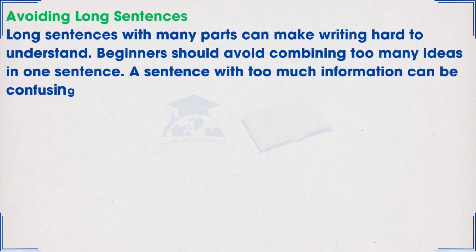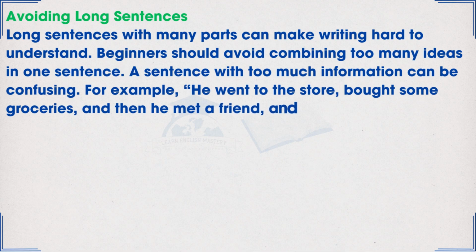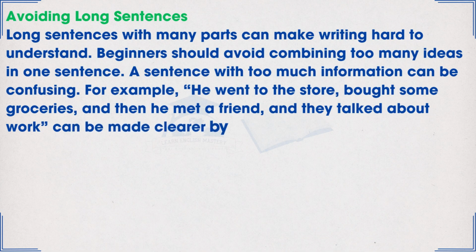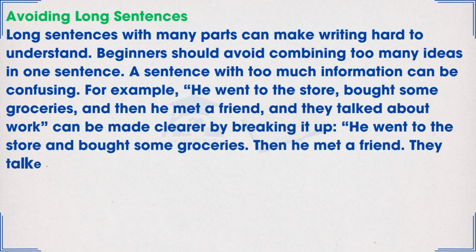For example, "He went to the store, bought some groceries, and then he met a friend and they talked about work," can be made clearer by breaking it up. He went to the store and bought some groceries. Then he met a friend. They talked about work.